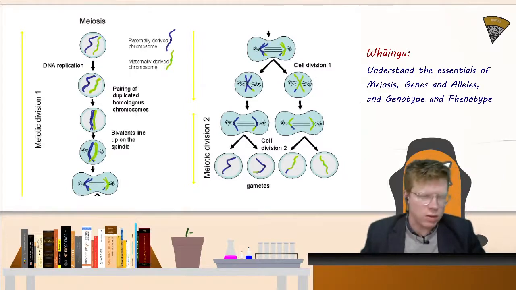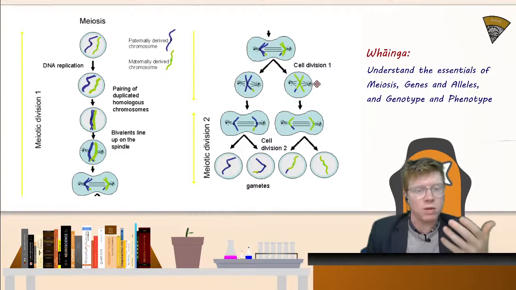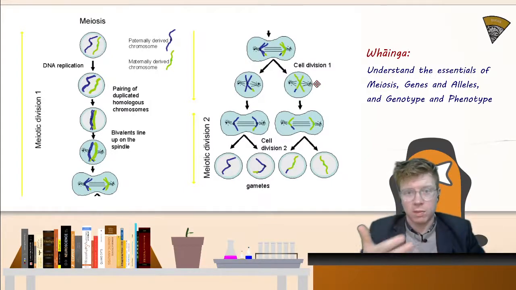They only show one chromosome here for simplicity's sake, but you can imagine in human gamete reproduction, these cells will contain either the paternal copy of chromosome 10 or the maternal copy of chromosome 10. They'll also contain either the paternal copy of chromosome 15 or the maternal copy of chromosome 15.